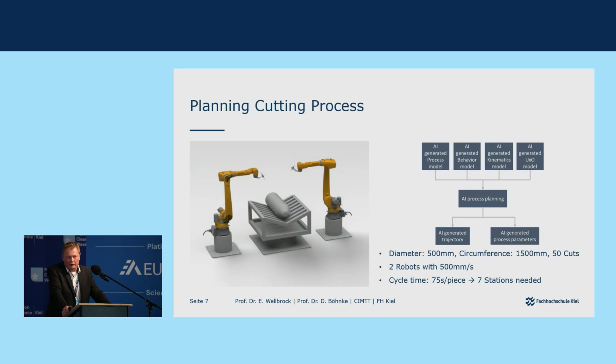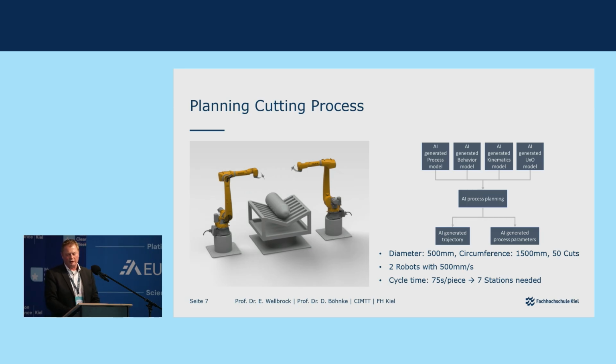And we need planning of the cutting process. Therefore, we use virtual commissioning, like we use from conventional processes. And for the virtual commissioning, we use process models, behavior models, kinematic models, and object models.